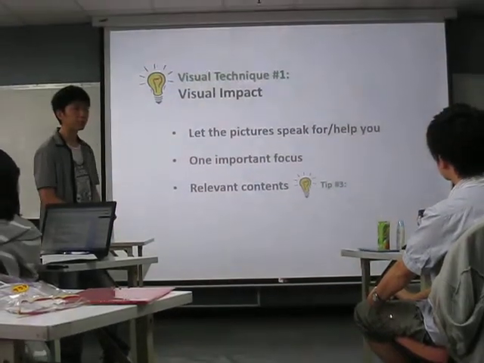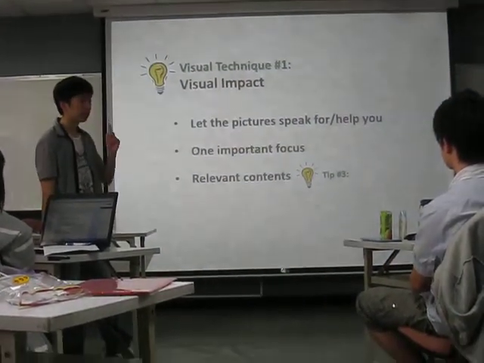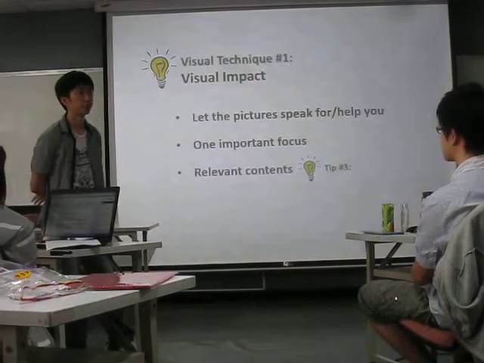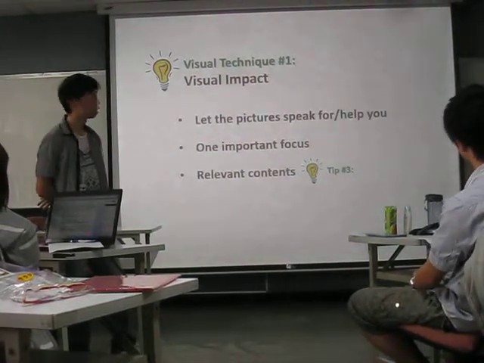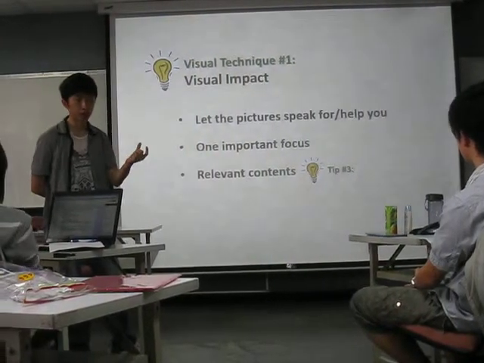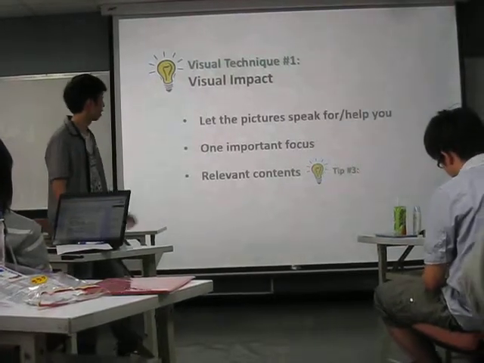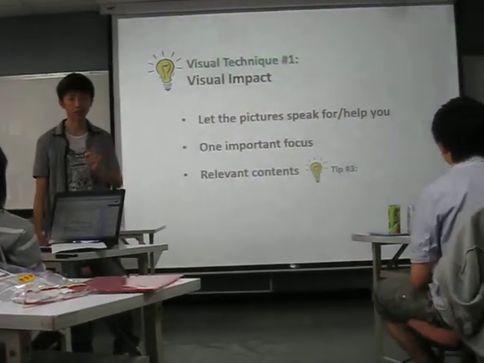So to conclude about visual impact, just 3 facts. The pictures speak for you, and one important focus, just like the atomic bomb explosion and the clapping of the audience a while ago. And relevant content, that's the 3rd tip.